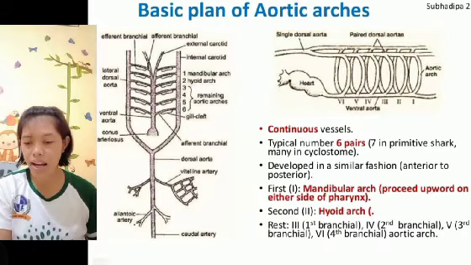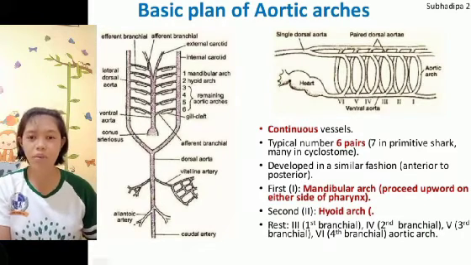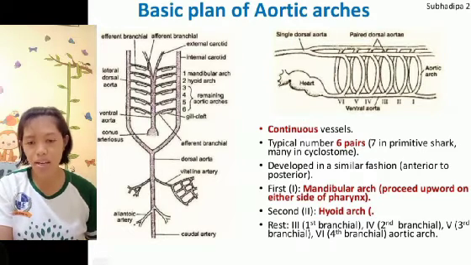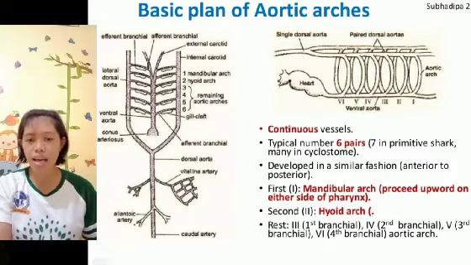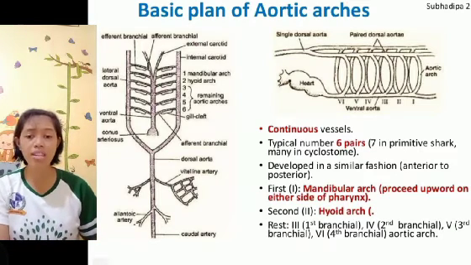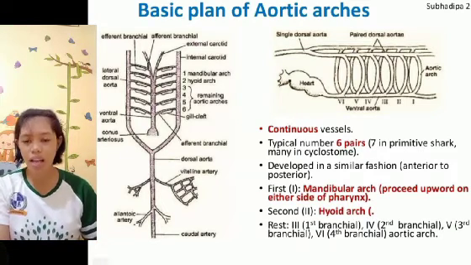Here the afferent branchial artery carries deoxygenated blood from our ventral aorta, and then in the capillaries gas exchange occurs, and then the efferent branchials go directly to the dorsal aorta, and then throughout the body carrying oxygenated blood.